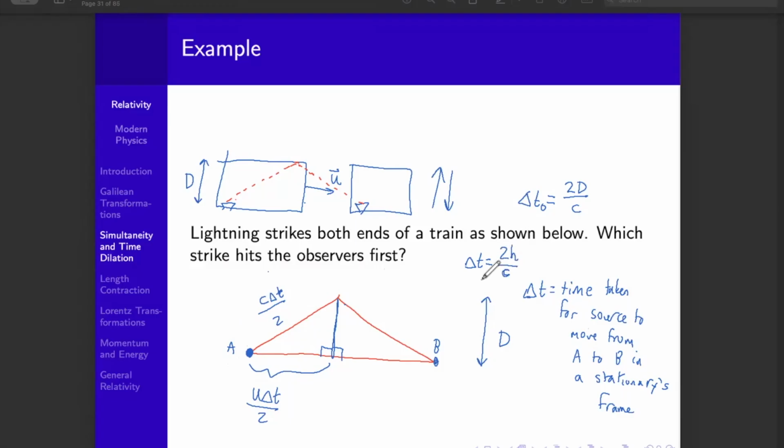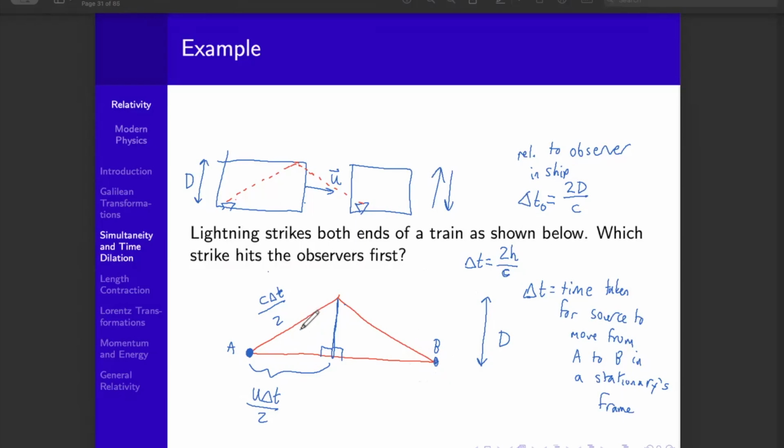So you can solve that and you can get delta t. So delta t 0 is, relative to an observer in the ship, how long did it take that light to go up and come back down? Delta t, just no subscript, is the amount of time it took the light to go up and back down to return to the source, but from a stationary observer's point of view.